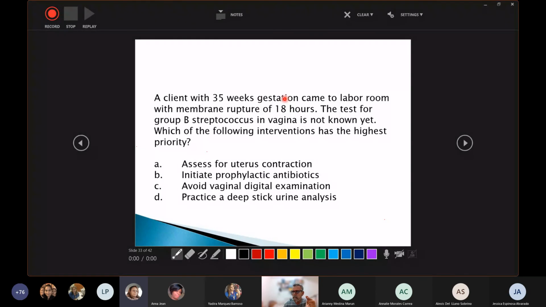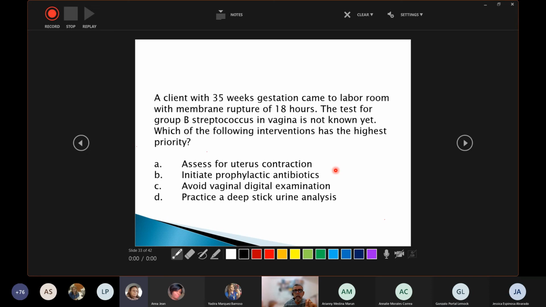Professor, excuse me, I have a doubt about this question. My doubt is not with B and C, it's with A. Because it says a client with 35-week gestation comes to the labor room with membrane rupture of 18 hours. After 24 hours, that fetus is going to start to suffer. Why?